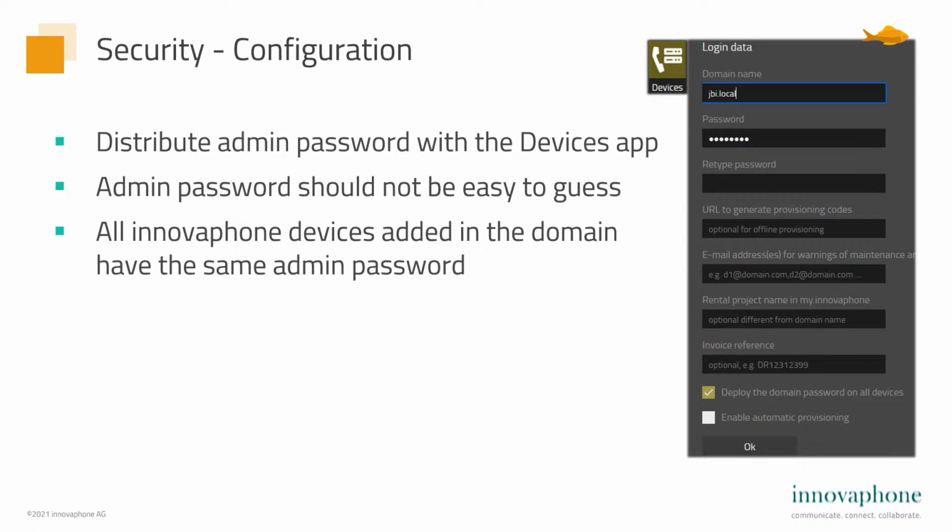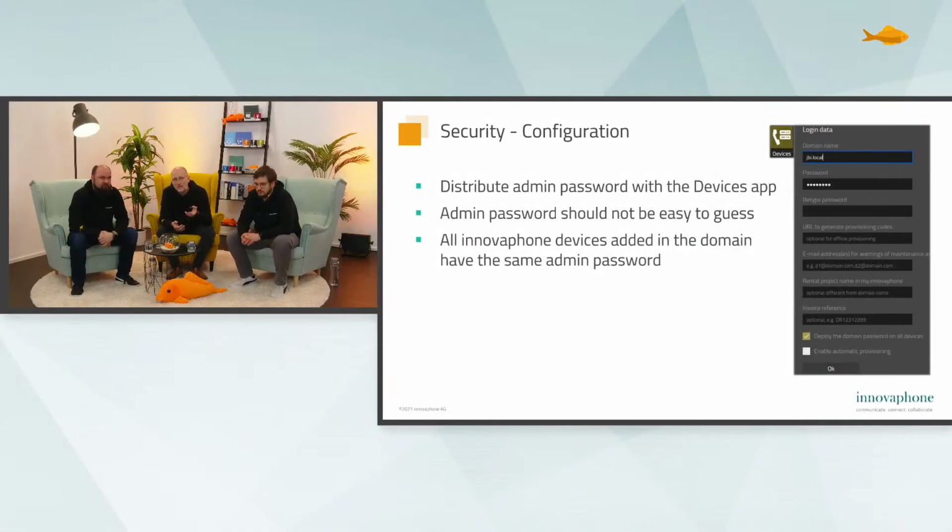To make sure that this is not possible anymore, we use the distribution of a secure password over all the devices, and that is what you can do within your domain, in your devices configuration. You can distribute this password to all your devices. And what's happening if an admin goes to the advanced UI and changes the password of one of these devices?